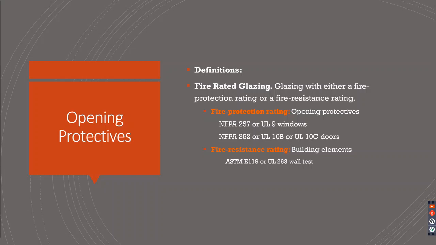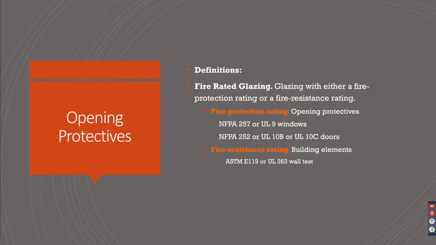They're tested as those openings or doors. But fire resistance rating is for building elements. So if the glazing went through the same test as the wall, the ASTM E119 wall test, then that's considered fire resistance rated protected glazing.